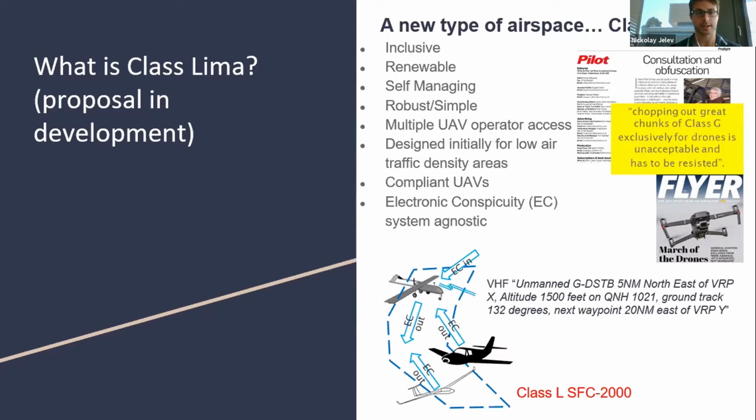It's in discussion. But it is ultimately a little bit like a transponder mandatory zone, but not quite. It is a bit of uncontrolled airspace that will allow unmanned, uncrewed air vehicles to share the airspace with manned users and provide segregation based on electronic conspicuity.